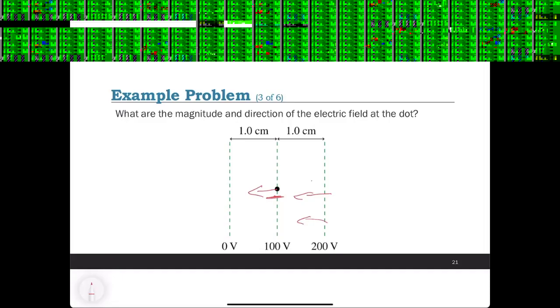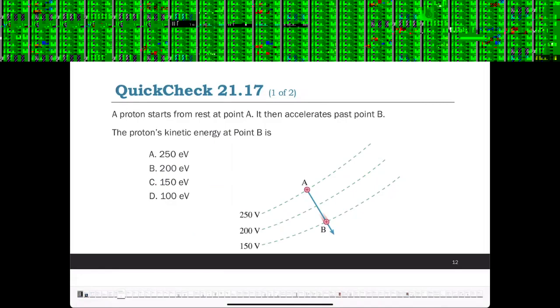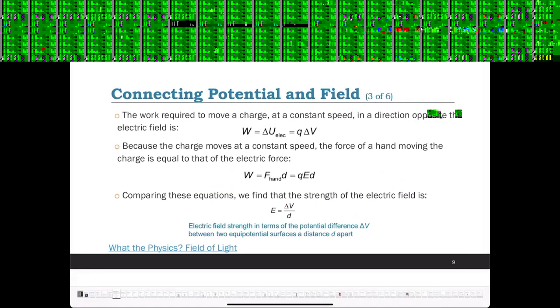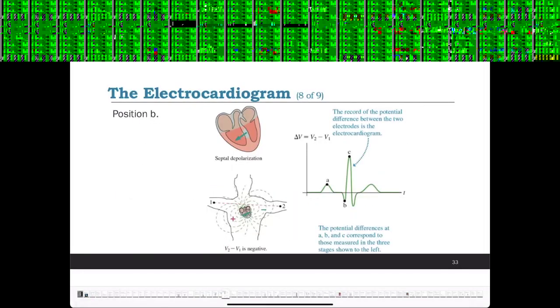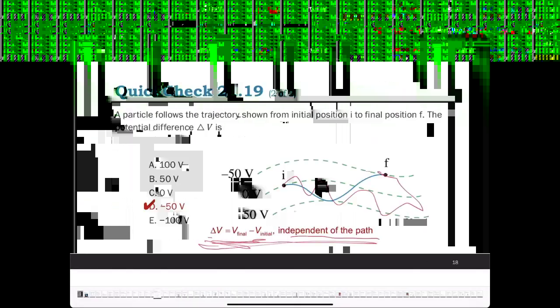Then let's talk about the magnitude. We talked about that in the beginning. What is the electric field equal to? E equals delta V divided by d. So let's go back to this question.